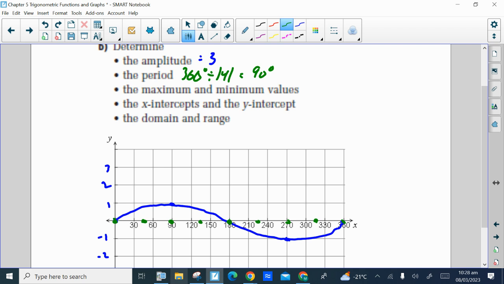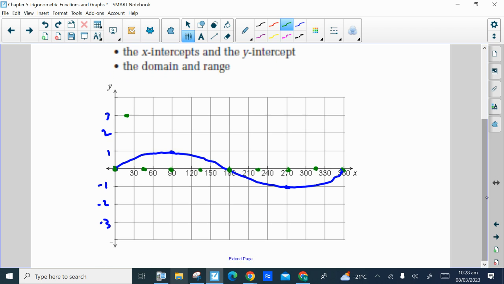Halfway between the first two x-intercepts is where you're at a maximum. And in this case, our maximum would be at positive 3. And the x value there is halfway between 0 and 45, or 22.5 degrees. So our first critical point is our maximum. It's at 22.5 degrees. Then we'll go to the middle.